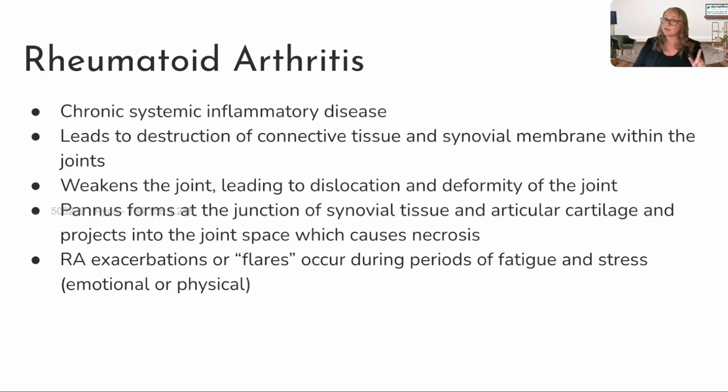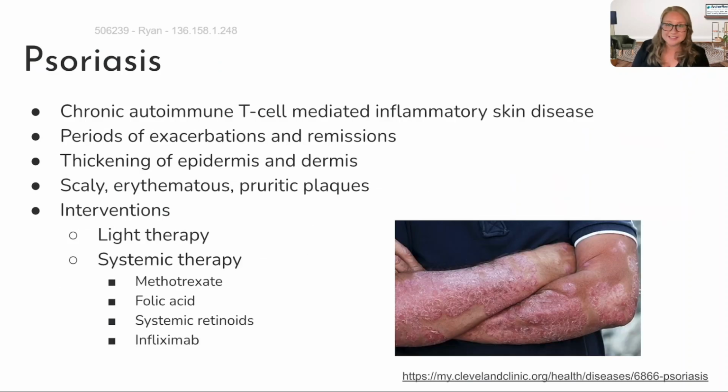Like you've seen with a lot of these autoimmune diseases, they come in periods of flare-ups where they get really bad, and then periods where they go into a little bit more remission. We notice that those flare-ups tend to coincide with periods of stress and fatigue where possibly the immune system is already overwhelmed.